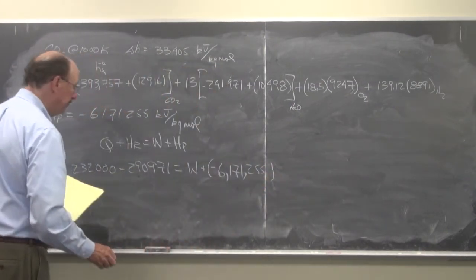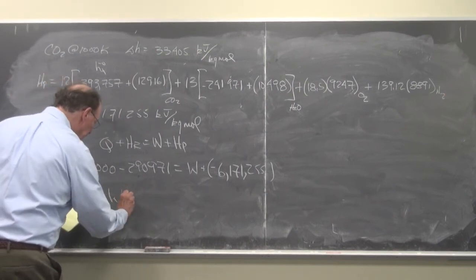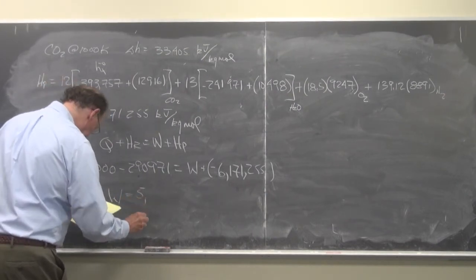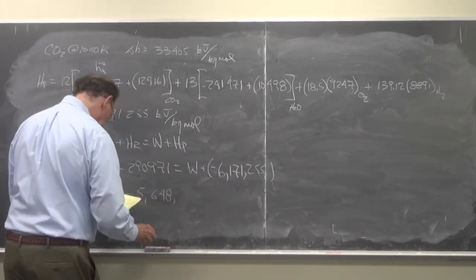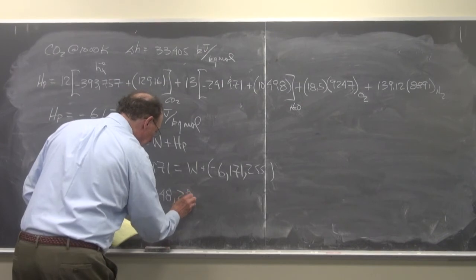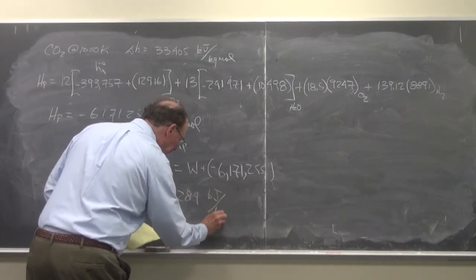And so if I solve for W, you end up with these really big numbers, is equal to 5,648,284 kilojoules per kilogram mole.